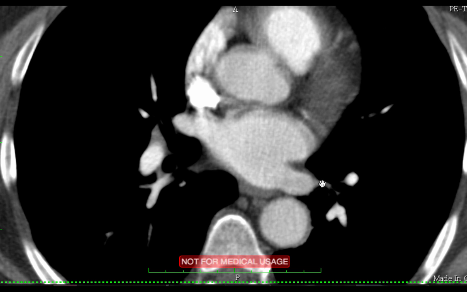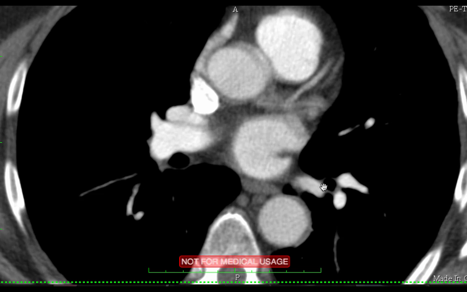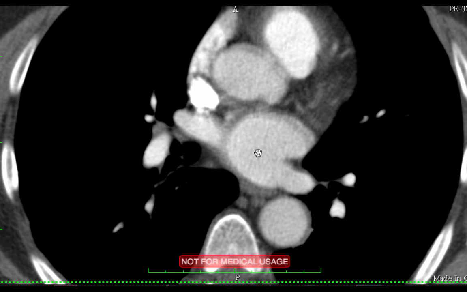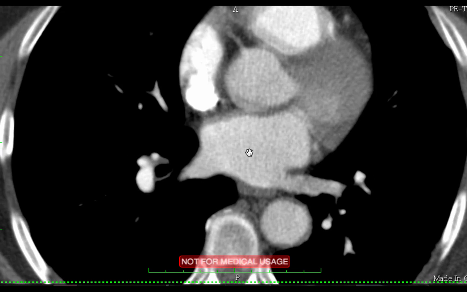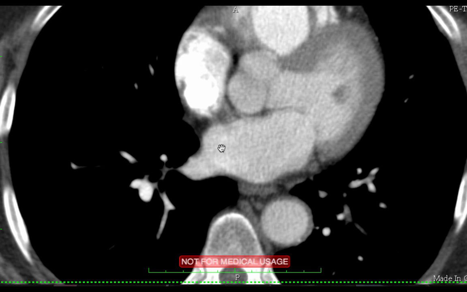And here's a left pulmonary vein right here coming into the left atrium. Okay, and there are usually two big veins that empty on both sides into the left atrium, and then you have the left atrium ready to contract and push blood into the left ventricle and then out the aorta.